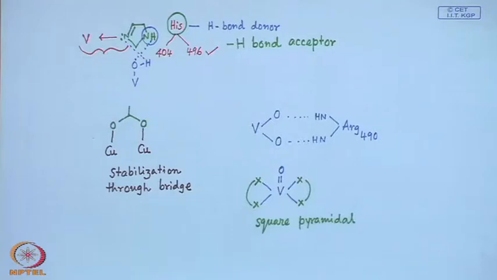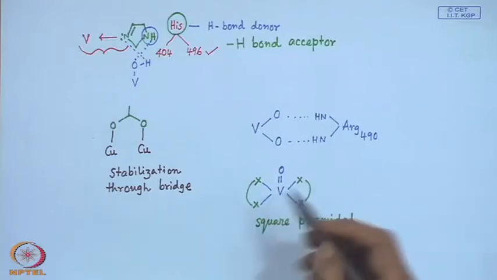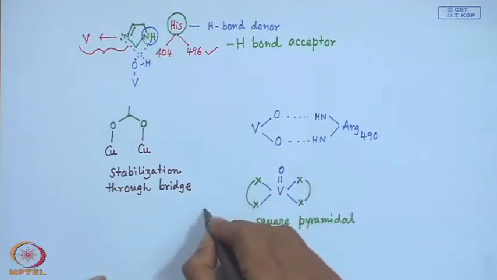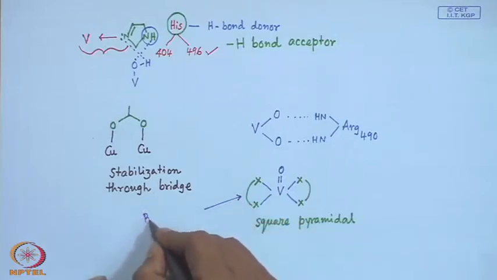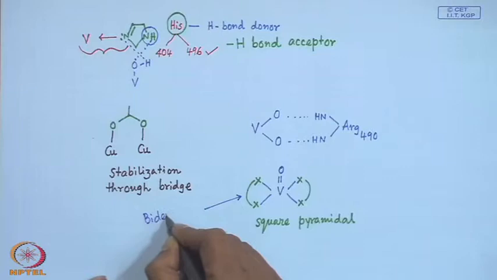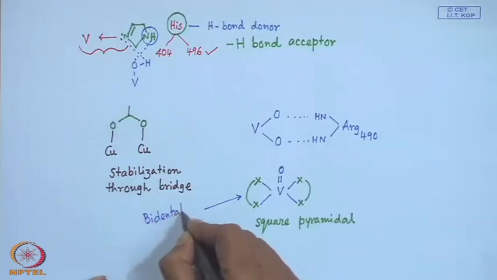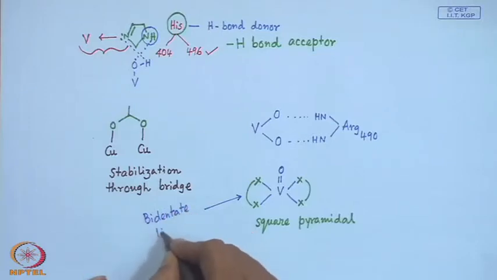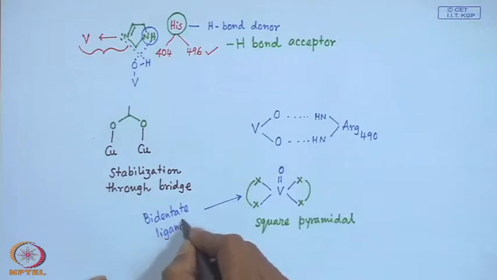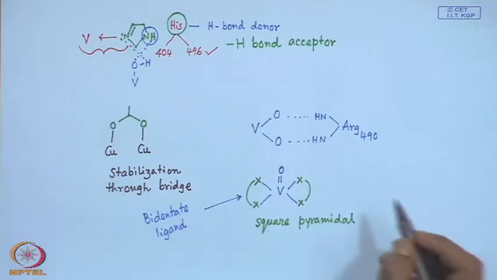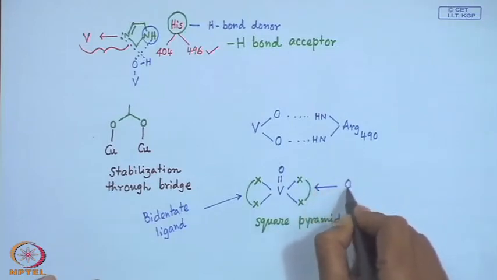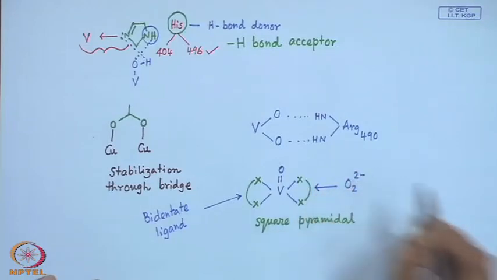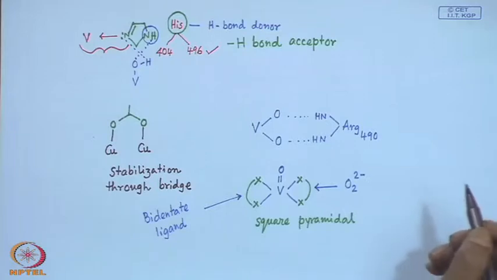So, any bidentate ligand like acetylacetone or any other can occupy this, and this can be occupied by O2 minus, the peroxide ligand.